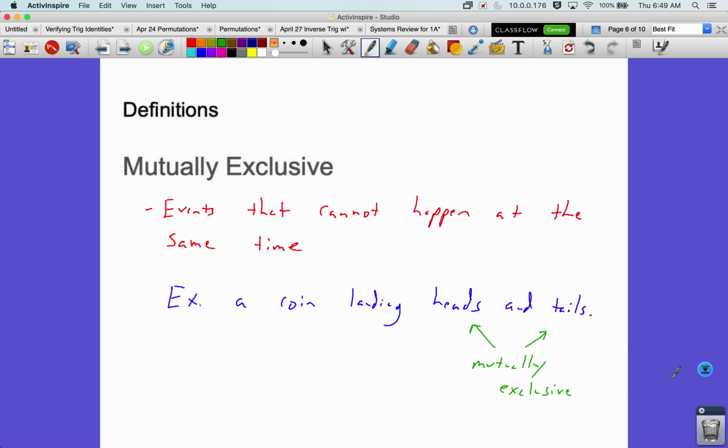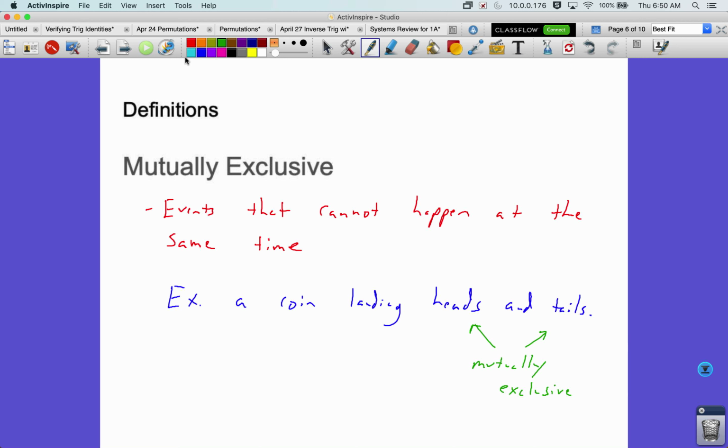All right, now not every probability is mutually exclusive. A good example of something that's not mutually exclusive is drawing a card from a deck, the probability that it's a 7 and the probability that it's a heart. Those things can happen at the same time. You can get the 7 of hearts, or you can get just the 7, like a 7 of spades, or you can get just a heart, like the queen of hearts.